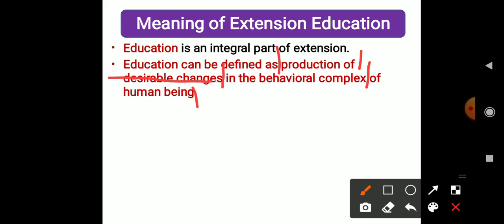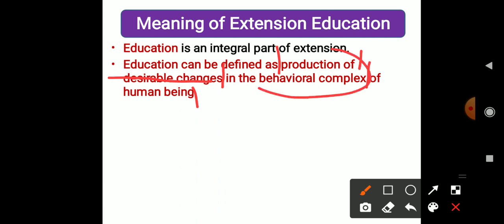For example, right now if I teach you how to tell a lie, that is a change, but it is an undesirable one. But right now I am teaching you the definition of education, so that is the desirable change. After this lecture you will be able to remember this definition. So it is the production of desirable changes in the behavioral complex of human being.